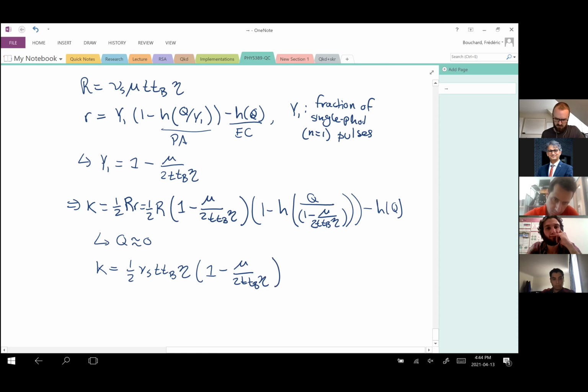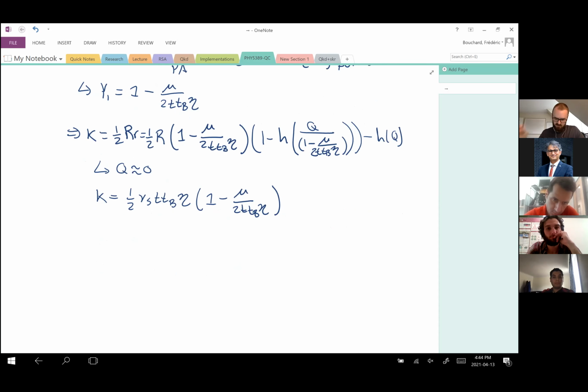Now we have a free parameter mu, which is also missing, sorry about that. In general, it's not clear what mu should be equal to. You probably want it to be smaller than 1, but what you need to do in the end is to optimize your key rate with mu.